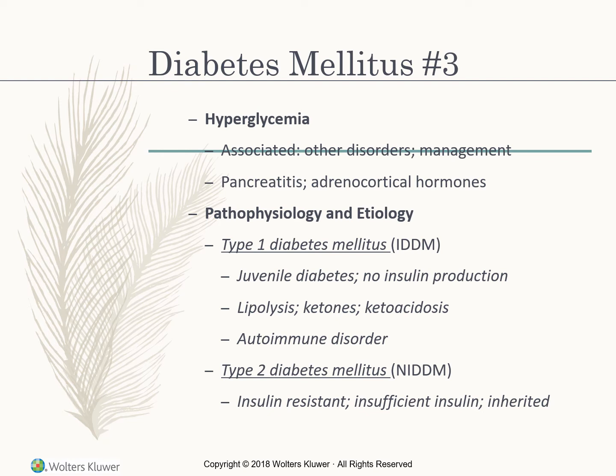So hyperglycemia is an elevated blood glucose level, which is associated with other disorders or their management. So, for example, pancreatitis causes both exocrine and endocrine disturbances, right? When there's a production of adrenocortical hormones and it's excessive, like you would see in Cushing syndrome, or with the administration of glucocorticoid drugs for immunosuppressive purposes, we get secondary diabetes.